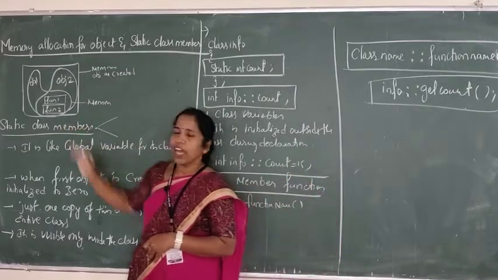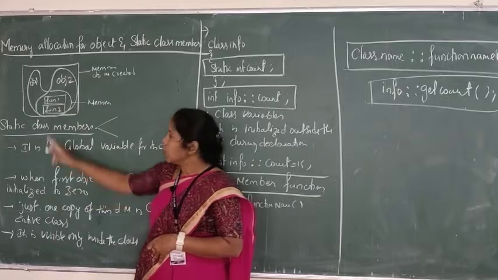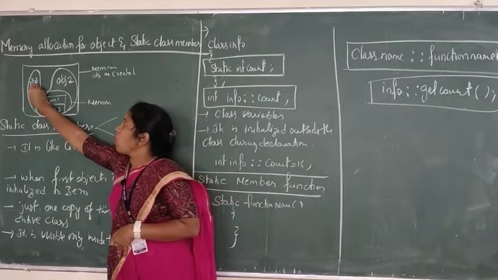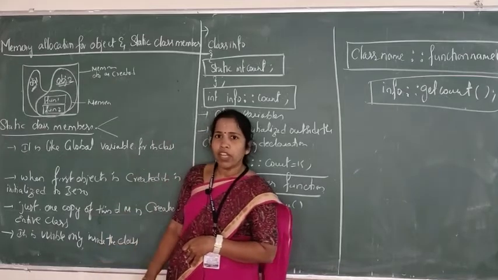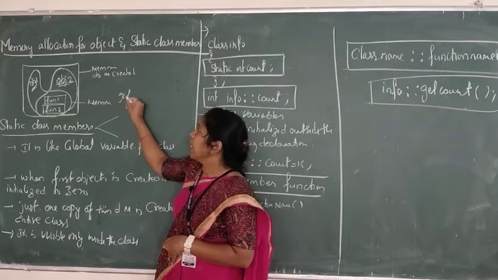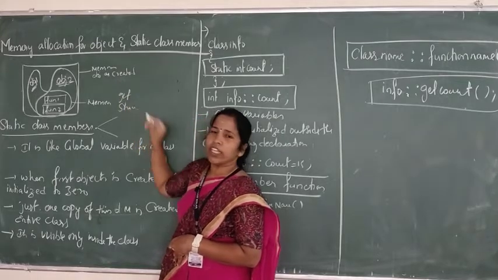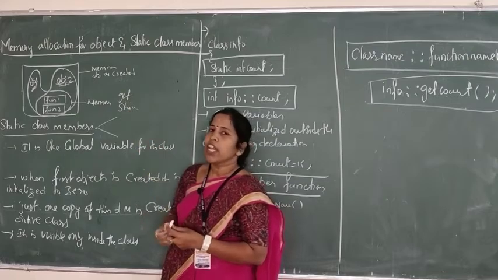If you check this diagram, there is function 1 and function 2, which are shared by two objects, object 1 and object 2. If I take the employee class, I am using two functions here, get data and show data. Function 1 and function 2 are nothing but get data and show data.